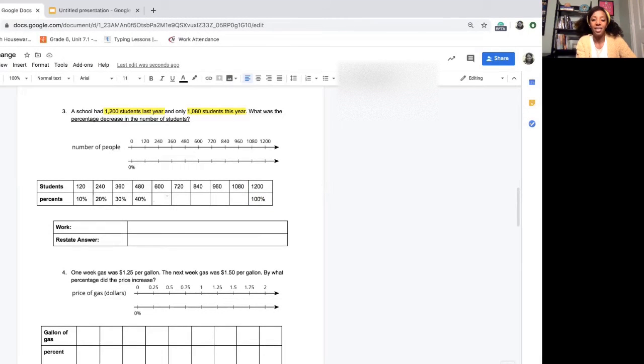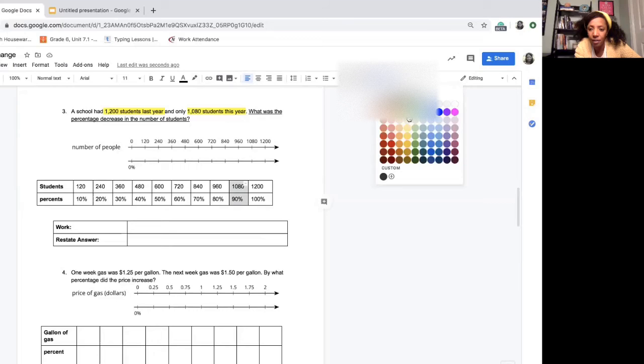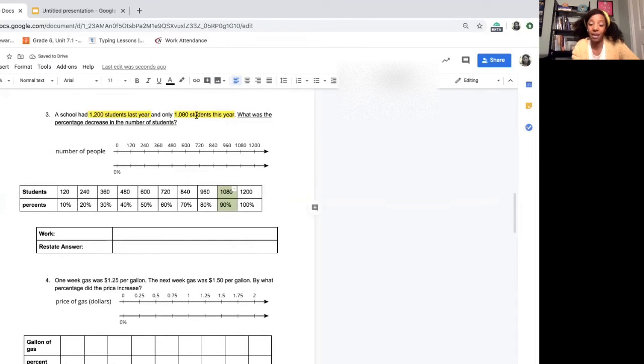600 is half or 50% of 1,200, and 1080 is 90% of 1,200. And of course, 1,200 is 100%. So I know that 90% is 1080, and that's what we had this year. And I know 100% is 1,200.